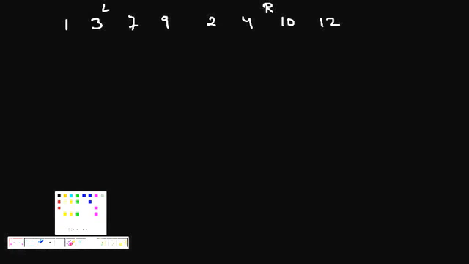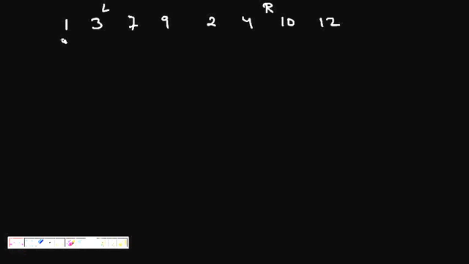So we have an array. Here we have 1, 3, 7 and 9, and here we have 2, then let's say 4, 10 and 12. So this is L, this is R, and we are going to follow the algorithm.